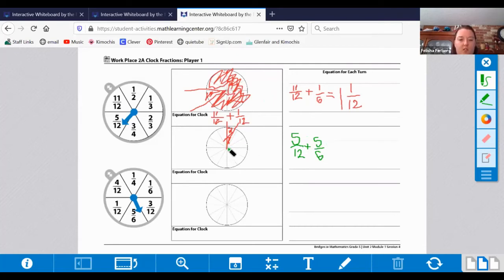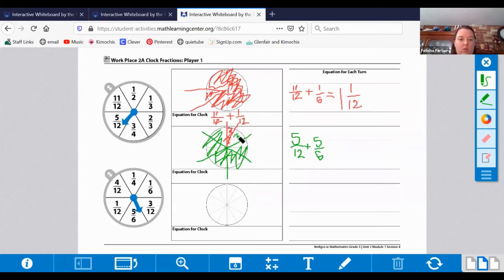This one's already full. So 5/6, we did 6ths earlier. We know that 2 of them is a whole and there's already 1 filled in. So here's 5/6. And I can pull it all the way out. 1/6, 2/6, 3, 4, and 5. Plus 5/12.